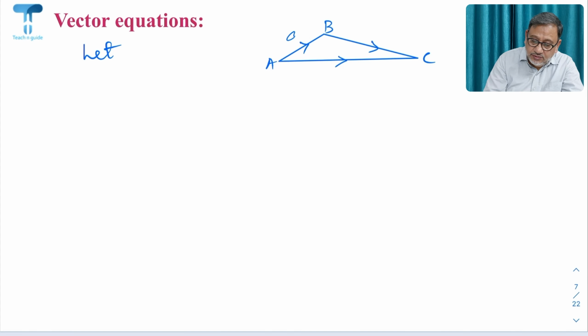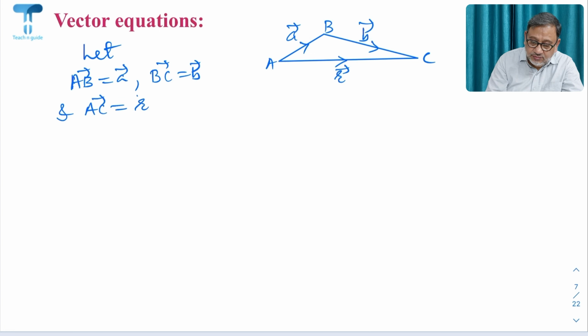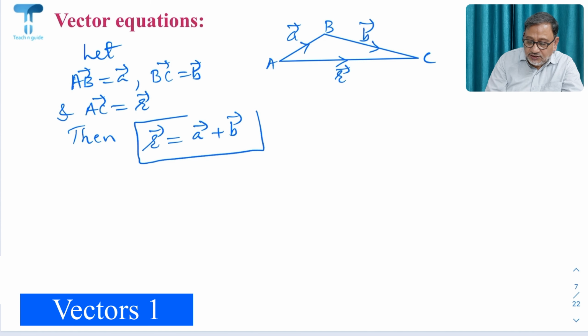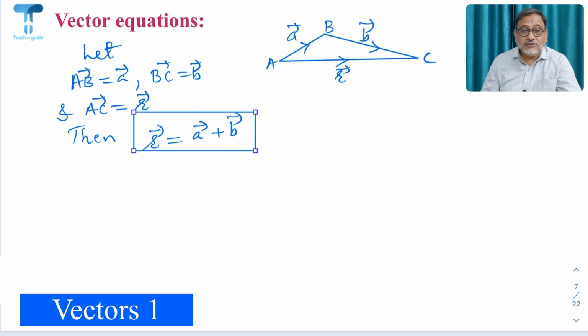Let AB be vector A, BC be vector B, and AC be vector R. Then I can write vector R is equal to vector A plus vector B, which is nothing but the addition of the two vectors, isn't it?